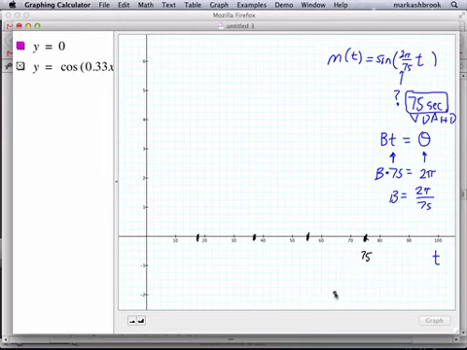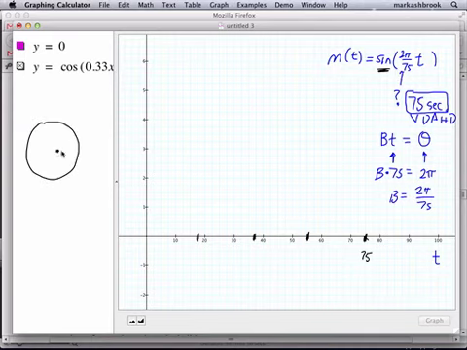So now we want vertical distance above the horizontal diameter. At the start, at time equals 0, what's our vertical distance above the horizontal diameter? 0.